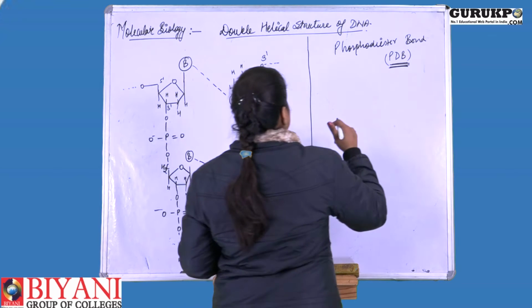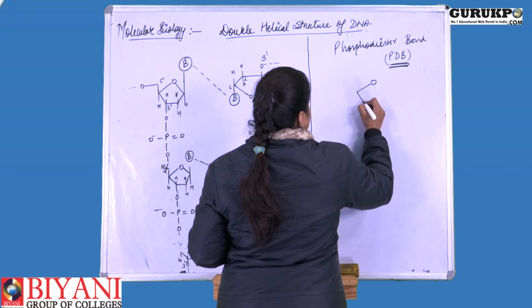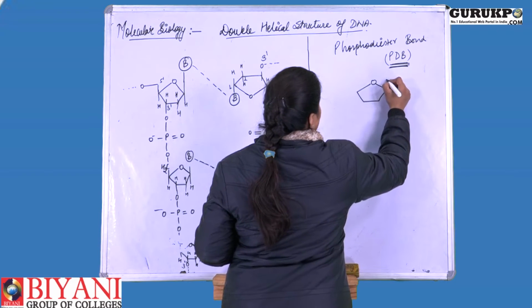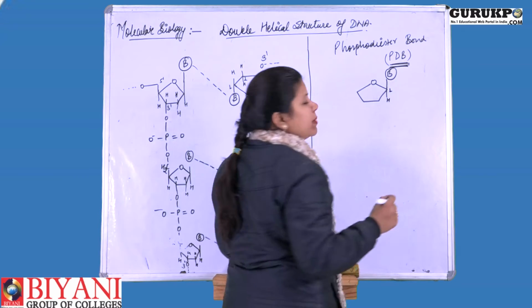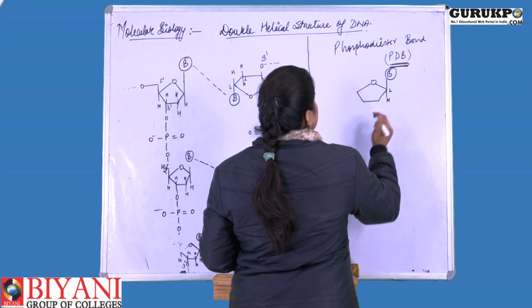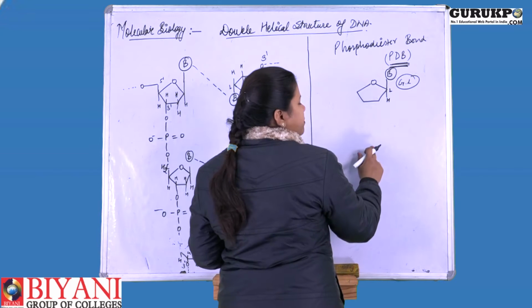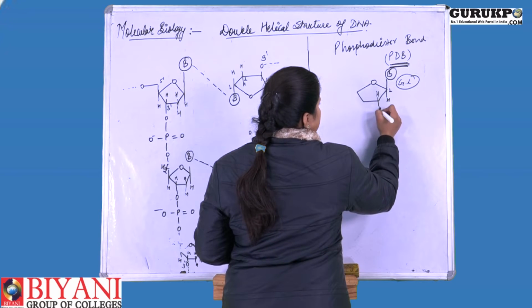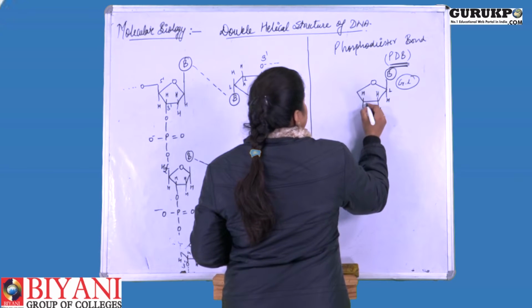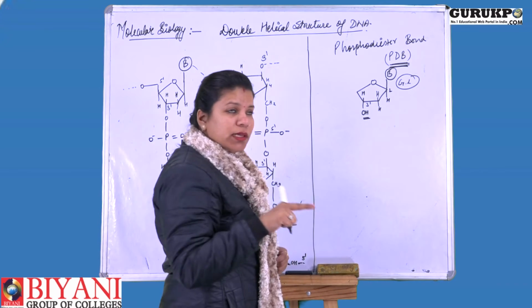So let me draw the first one. This is the first carbon position, on which a nitrogenous base, which I am representing by the symbol B, is bonded with the help of a glycosidic linkage. At the second carbon position, two atoms of hydrogen are present. At the 3' position, there is a free valency because of the presence of a hydroxyl group.